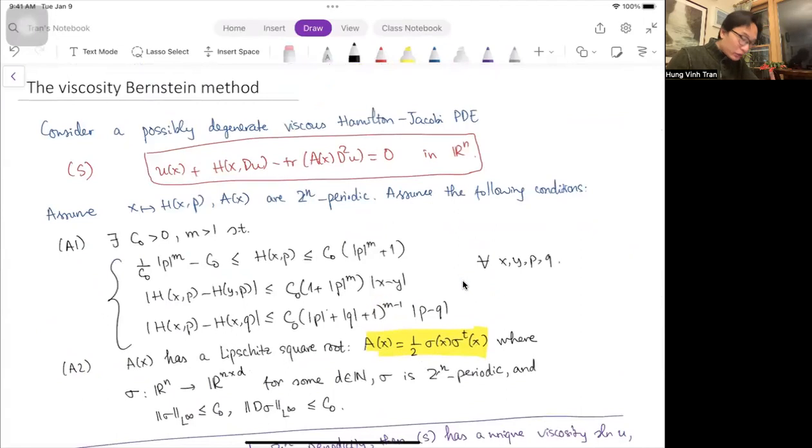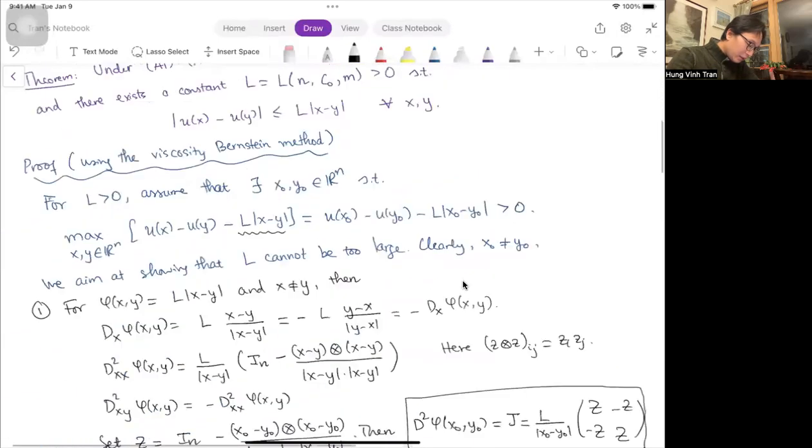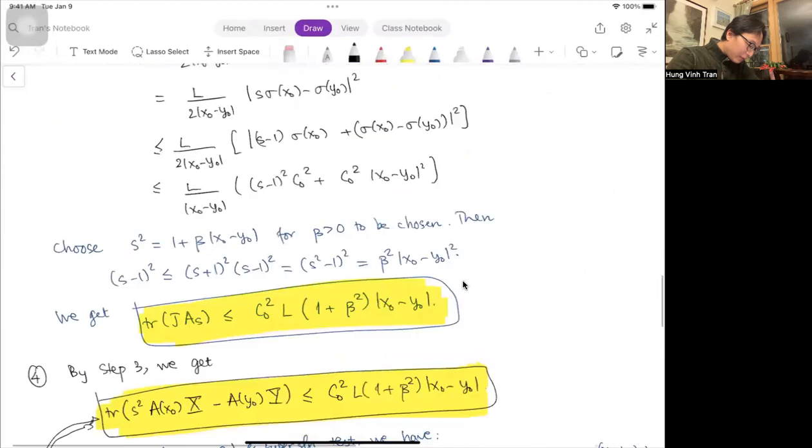We assume that our Hamiltonian grows with the speed p to the m. We assume that it's locally Lipschitz in x. And we assume that it's also locally Lipschitz in p with all the specific constants.